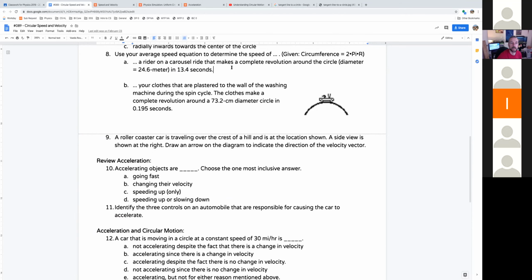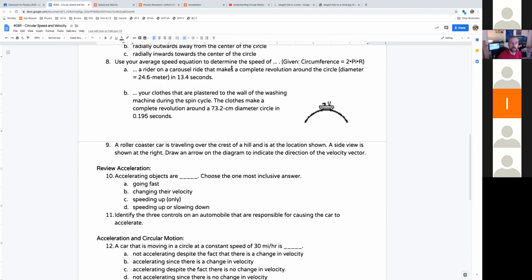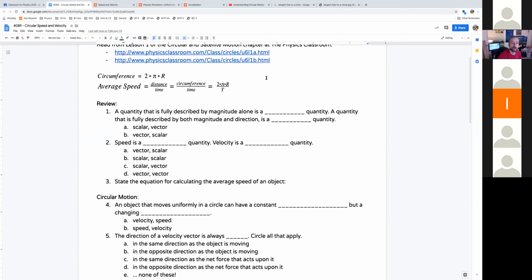So, which equation are we going to be using? Which equation are we going to use? Both, right? Well, sure, but what both? Which one?